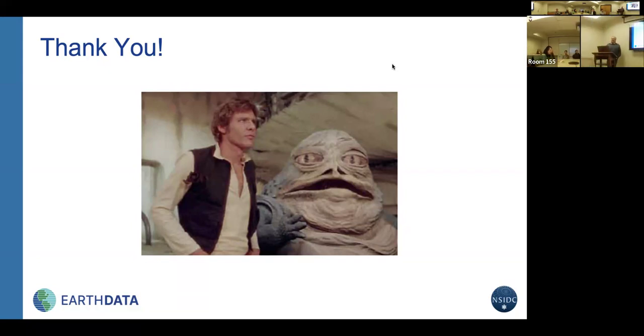Yeah, I mean, it has a lot of potential for land applications. You can see different things, to some degree the surface characteristics, maybe vegetation, and it's been used a lot for looking at development.